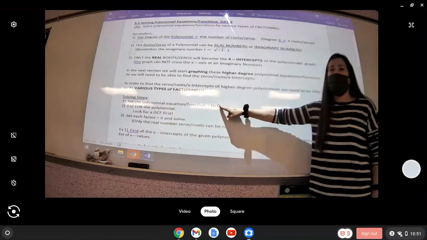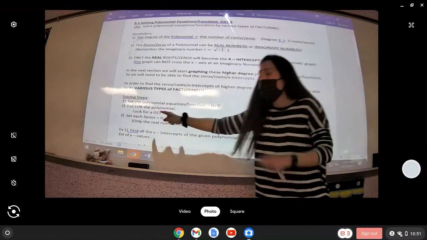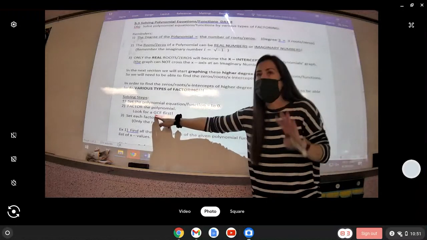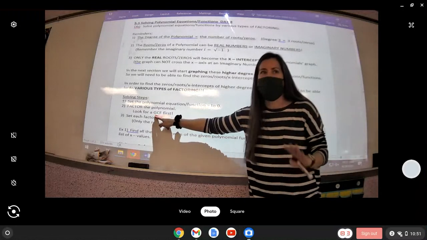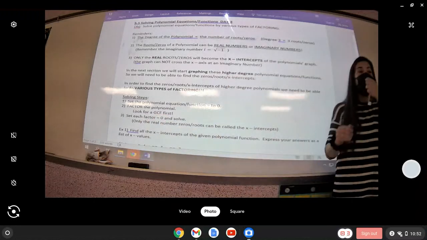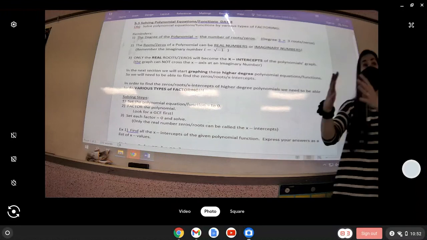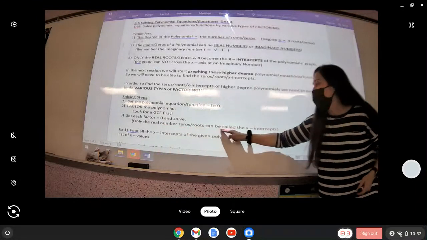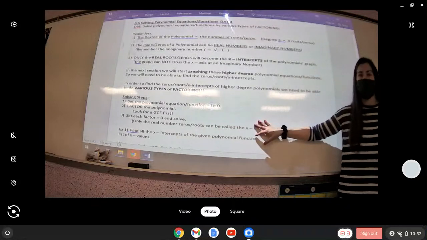We set the polynomial equation equal to 0. We factor it. And because these are such high degrees, guys, please look for a GCF. A lot of them will have a GCF. Set each factor equal to 0 and solve. And then remember, you may get real number answers and you may get imaginary number answers. But only the real number zeros and roots can be called the x-intercepts.